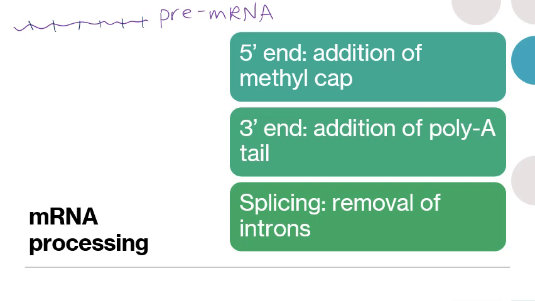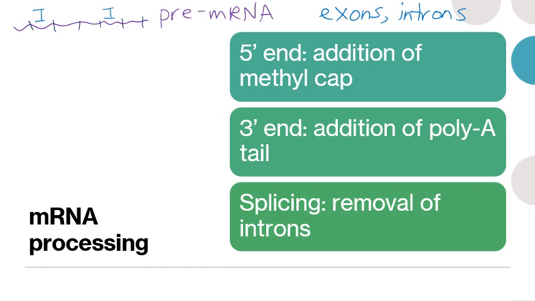So we have sections called exons and sections called introns. And these will vary depending on what protein we're trying to make. But basically, the enzymes will go along and chop out some different parts of that pre-mRNA, some different introns. And we say they're introns because they end up staying in the nucleus.